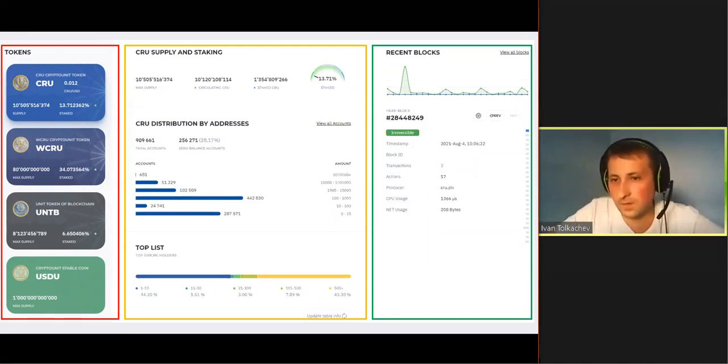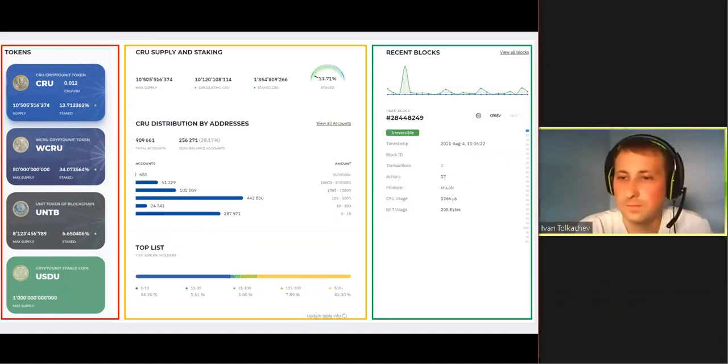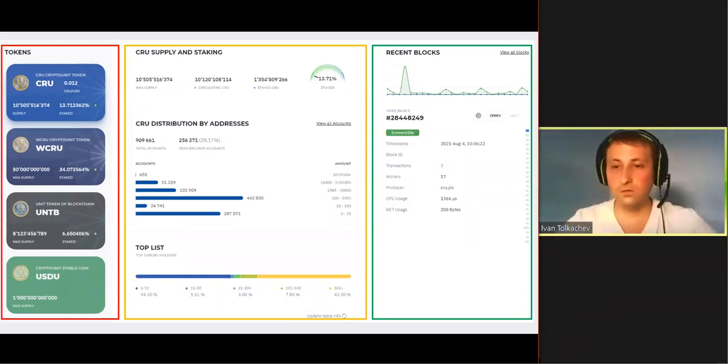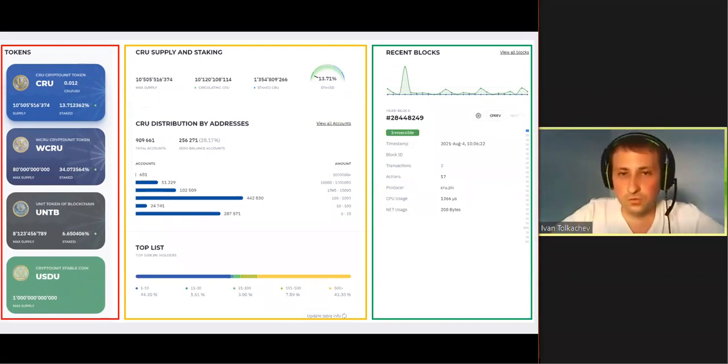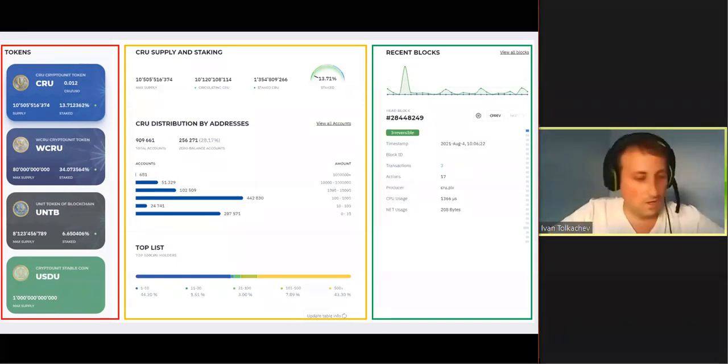Quite technical data, I will not detail it, but I'd like to focus on one thing, the number of blocks already generated. As of today, it is over 29 billion blocks, and it again confirms the speed of Cryptounit blockchain.